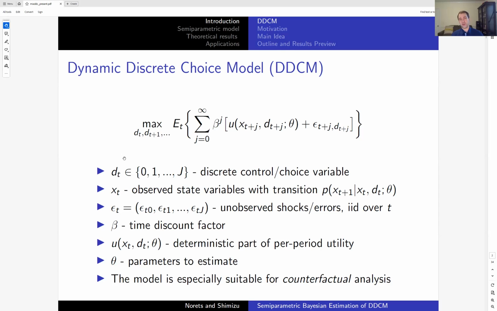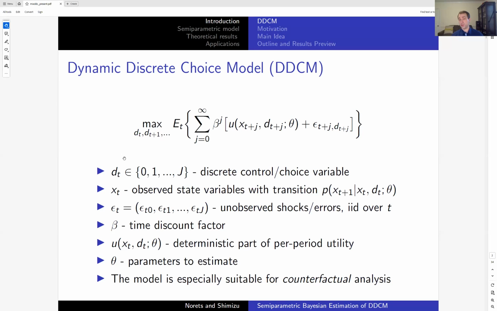What structural refers to is that we are explicitly modeling economic behavioral agents. We think that the agents maximize the expected utility. And it is a dynamic model, so we have some state variables that evolve over time. Every time period, agents make a choice out of a finite set of possible alternatives.